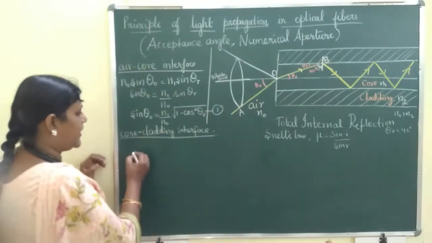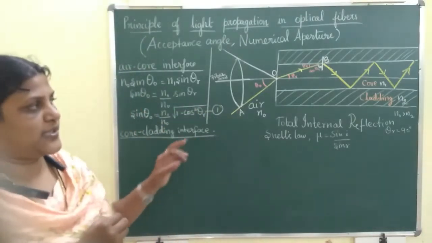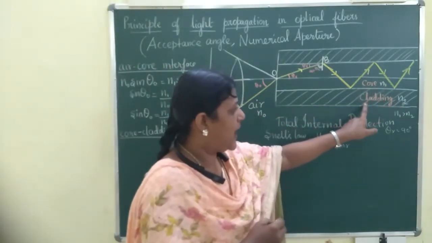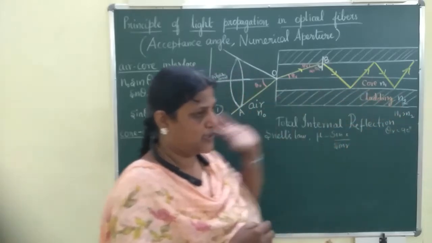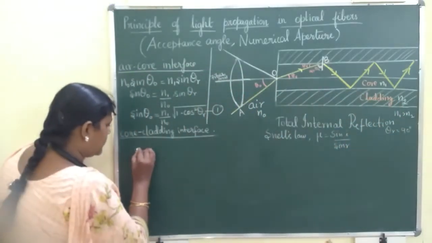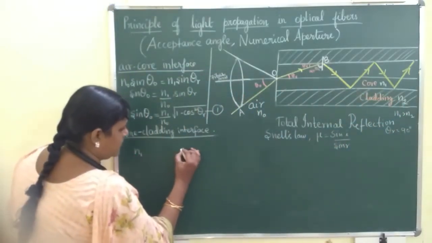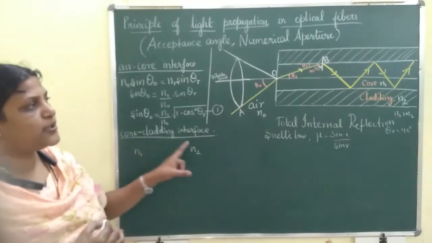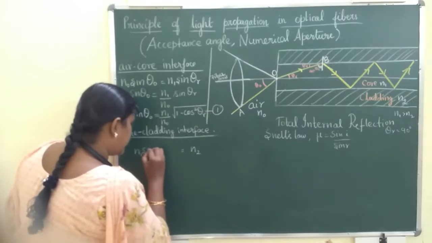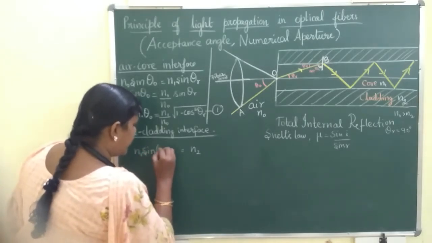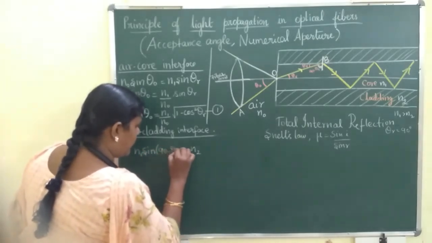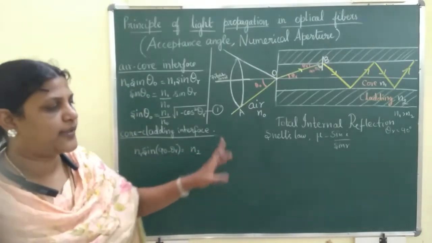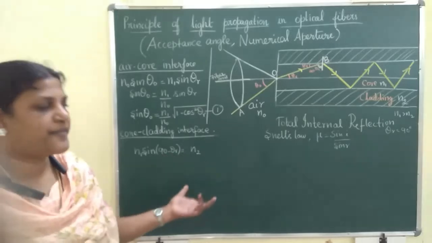So how can we write this? Here there are two media: the core having refractive index n1, and the cladding having refractive index n2. So we can write n1 into the incident angle, 90 minus theta r, equal to n2 into sin of the angle of refraction.